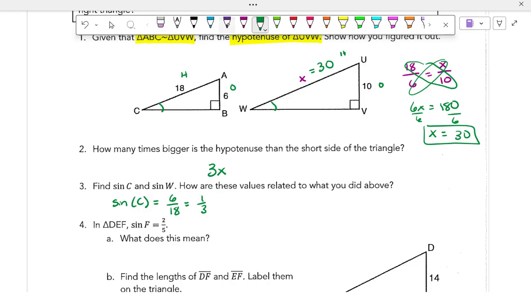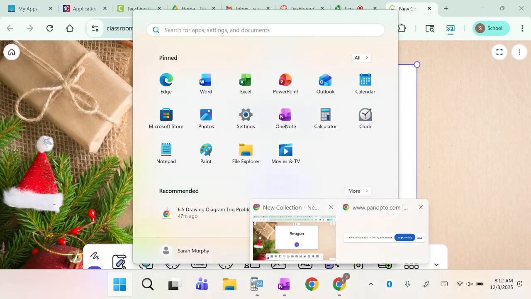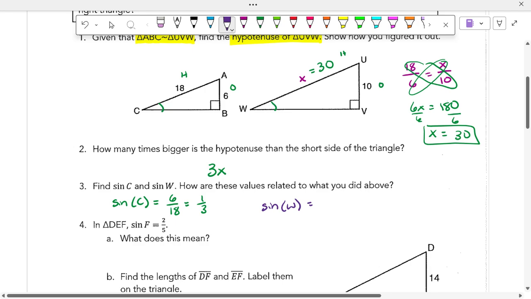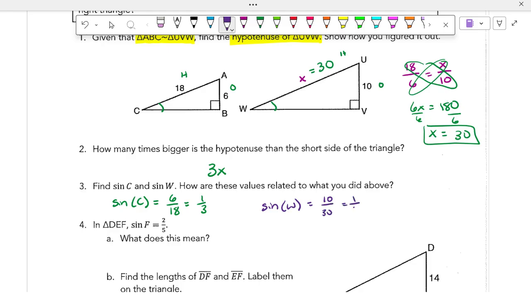All right. What about sine of W? Let's go with Nathan. Sine of W equals 16 over 30. Good. So how are these values related to what we did above? What's true?